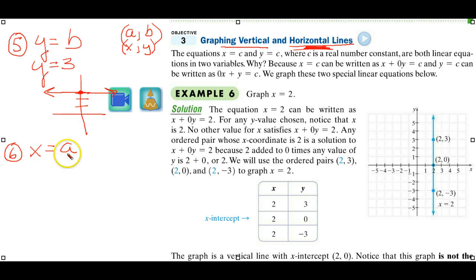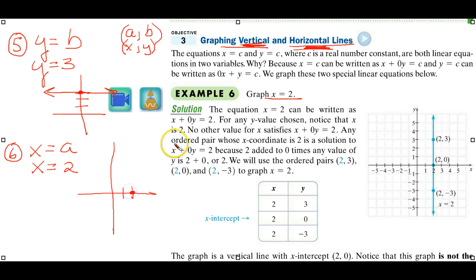Now for x equals a, and that's what they're showing us here, x equals 2, this is a graph of a vertical line, and a is our x value, which is going to be a 2.